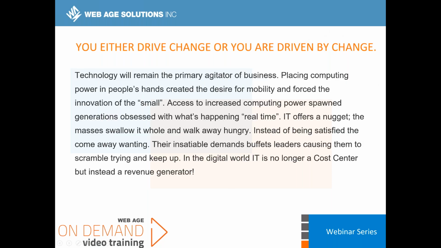When we think about what's coming at us right now, our customers are driving our businesses more and more each day. What we've done is empowered them with technology, and they've used that technology to drive our work forward. Many years ago, we put computing power in people's hands.